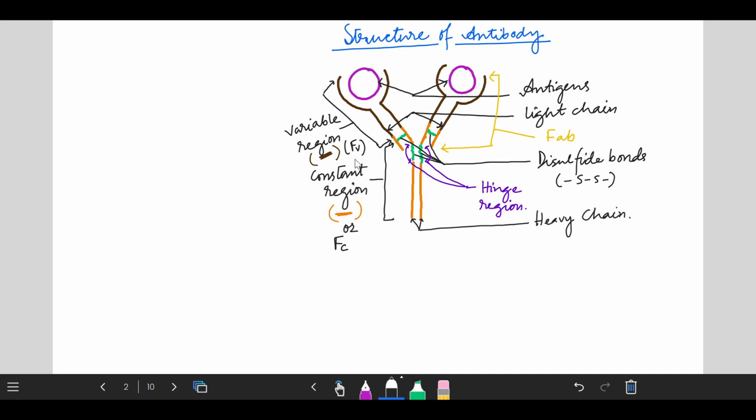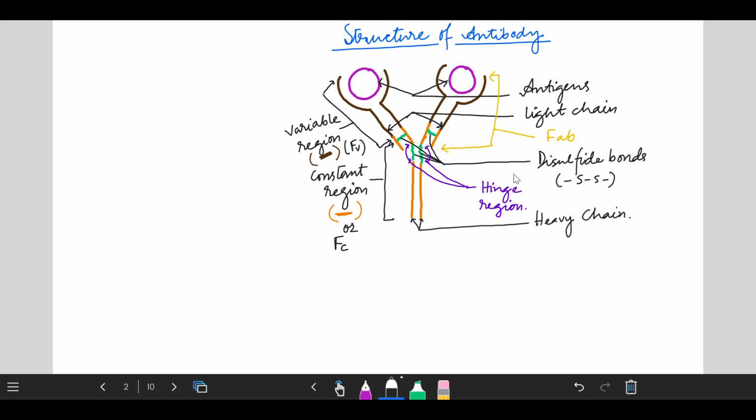Now, you can see here that the yellow portion, the two light chains, is known as Fab. Fab means antigen-binding fragment.